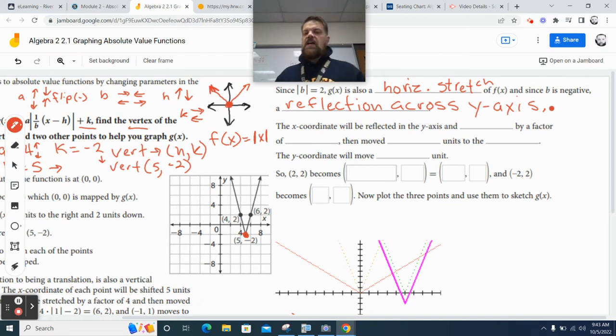So then the x-coordinate will be reflected in the y-axis and stretched by a factor of 2, because b equals 2.